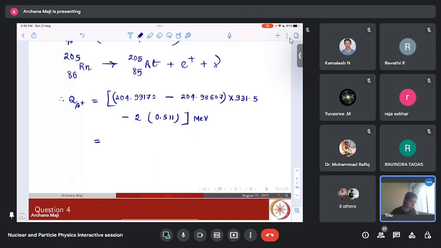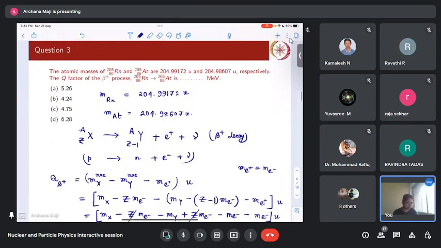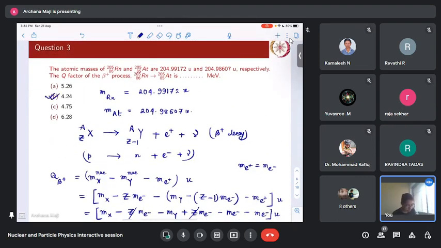This comes out to be 4.24 MeV, so B is the correct option here.